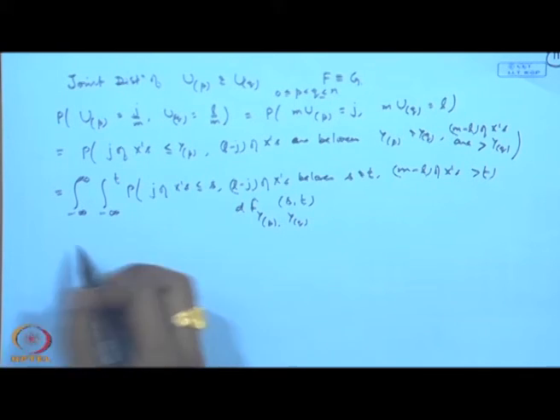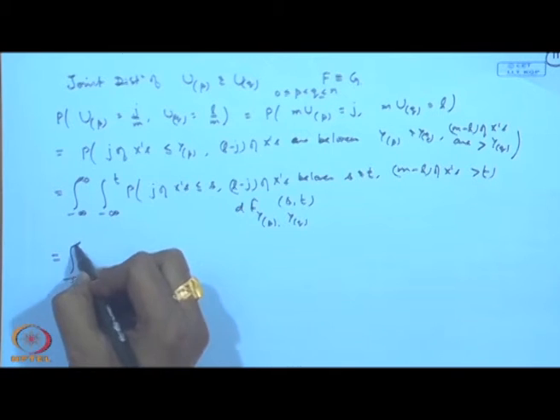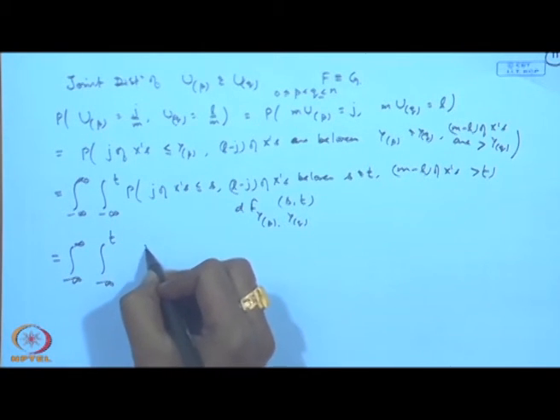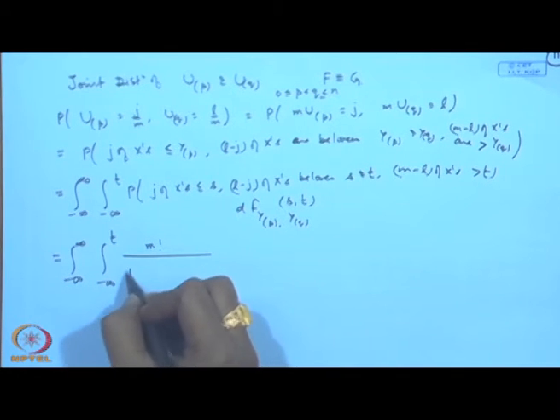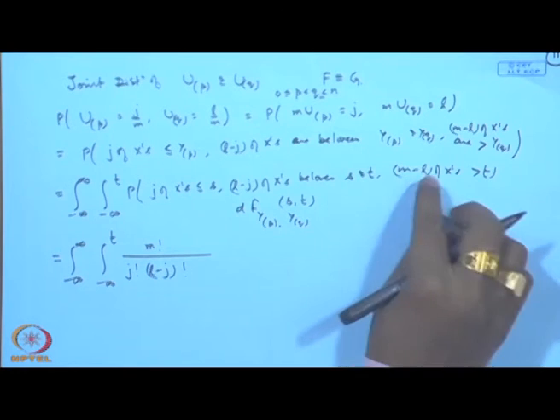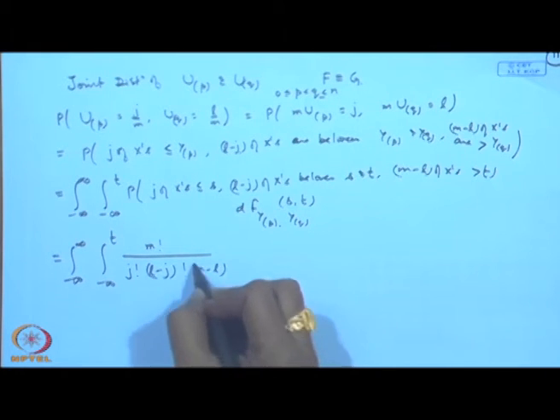So, we can write minus infinity to infinity, minus infinity to t, this is m factorial divided by j factorial, L minus j factorial, m minus L factorial.